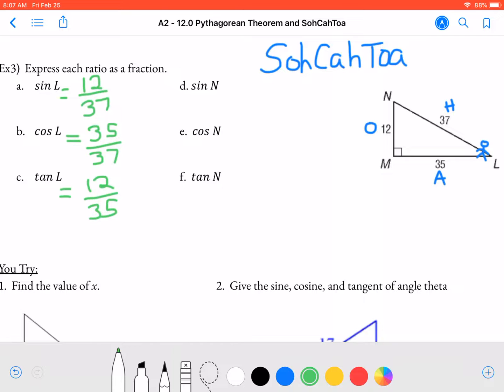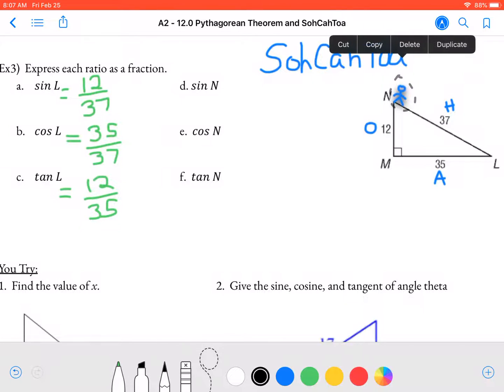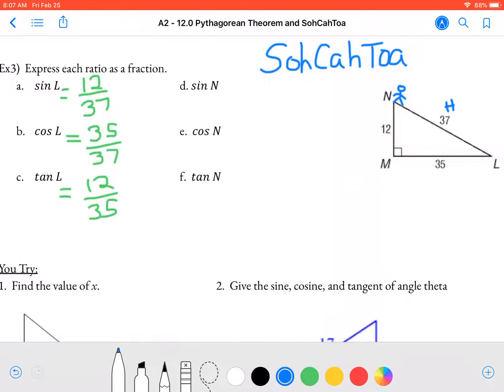Okay, now we're going to go from angle N. So what that means is my little guy is going to move over to here. He's at angle N now. And now, which one the opposite is and which one the adjacent is will now change. Since the little guy moved, now this is the opposite and this one's the adjacent.